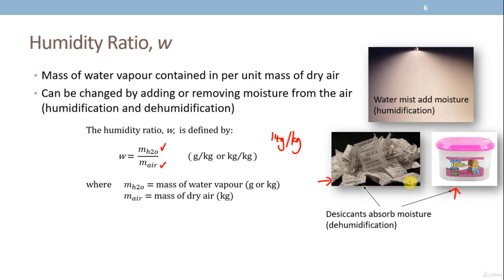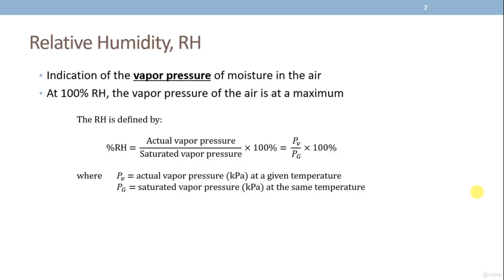You may also purchase this type of desiccant to put in your wardrobe or your cupboard. The purpose of all this is to absorb moisture to reduce the humidity ratio in the space itself, because there's a chemical inside that is able to absorb moisture from the air and contain it inside the container itself.